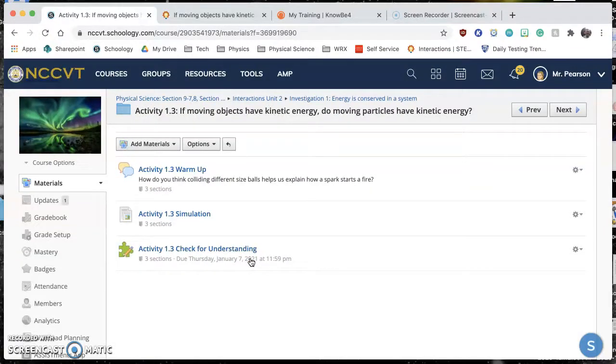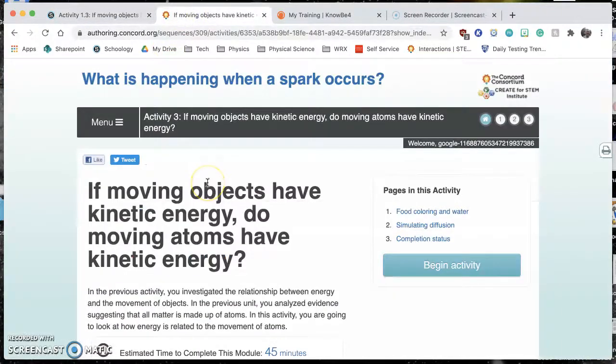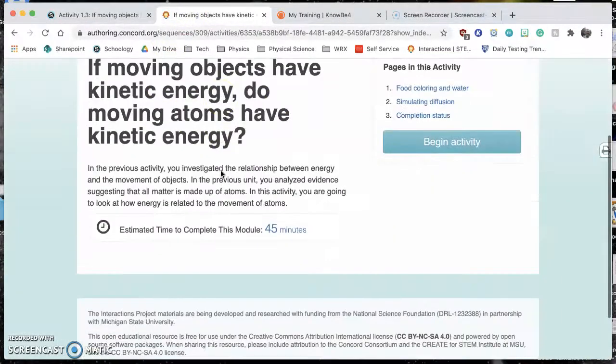Because we're skipping over these labs, we should be able to get through both of these. Again, sort of just a time crunch. Similar deal here. The only thing different is there's a warm up, sort of reflecting on what we just saw in activity 1.2.